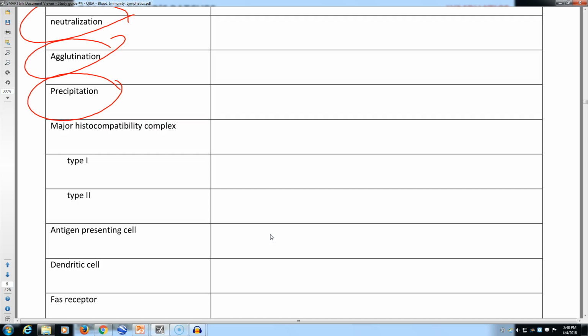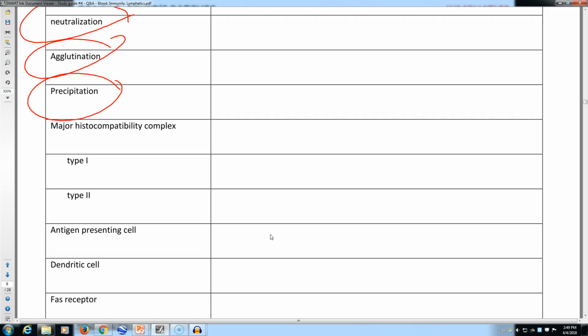I also want you to know, so each class, what does it present to? Am I clear? So MHC class 1 presents the antigen to the CD8 cells. MHC class 2 presents the antigen to the CD4 cells. So basically CD4 cells, which cells can they react with? What I'm saying is, I probably didn't phrase it well.